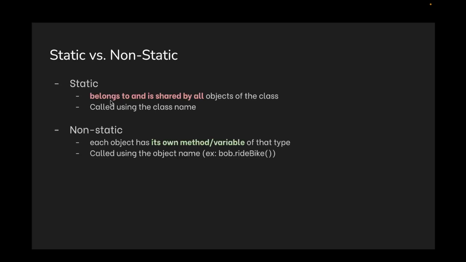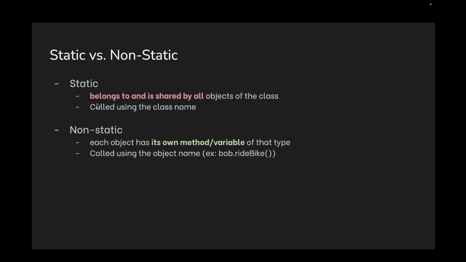So in that case, yes, we would make it static. You guys are correct. However, if we wanted to define a field variable called favorite color, do you think that would be static? Yes or no? Favorite color? No, right? Because everyone has a different favorite color.